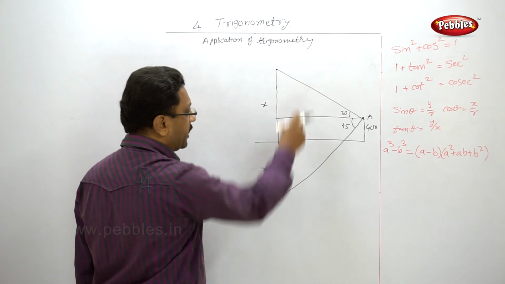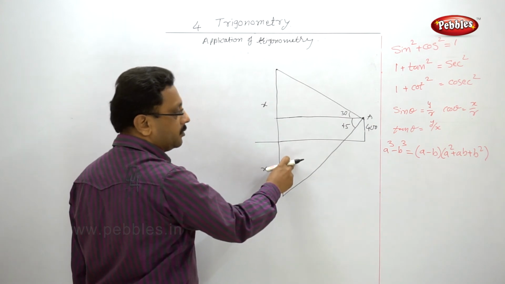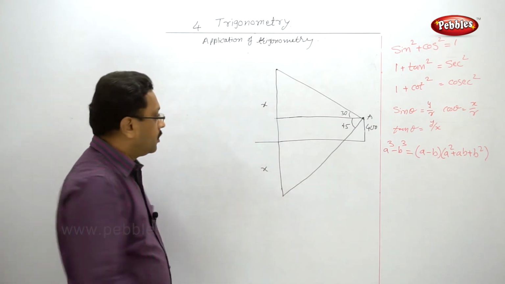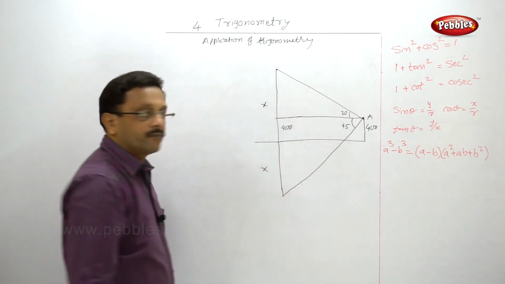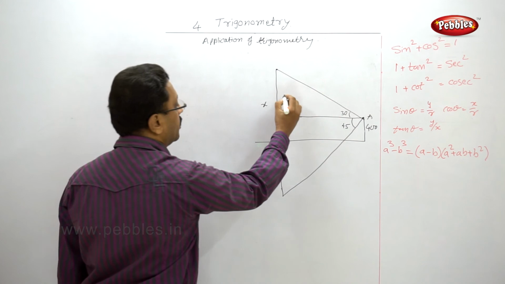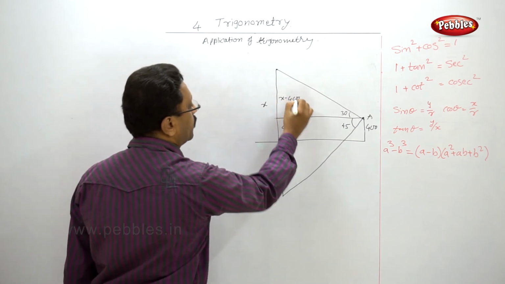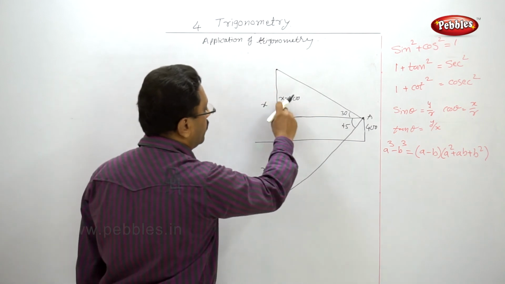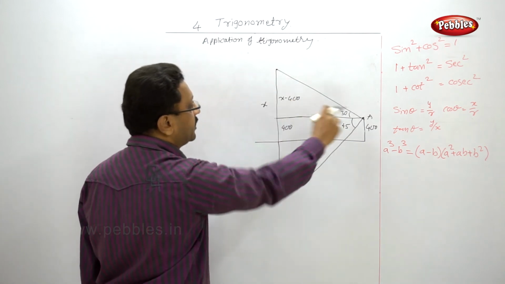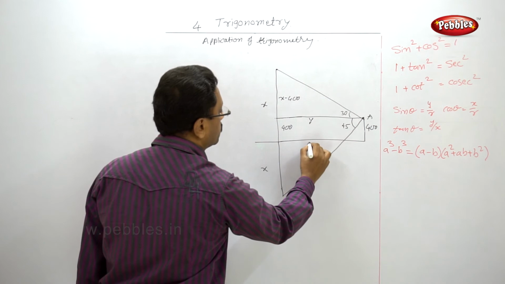Here we have got one triangle, here we have got another triangle. Correct? Now mind well, this is 400 here again. So this height is now x minus 400. Correct? Now in this triangle we have x minus 400 here, but if you want to take tan, we should take this y also.